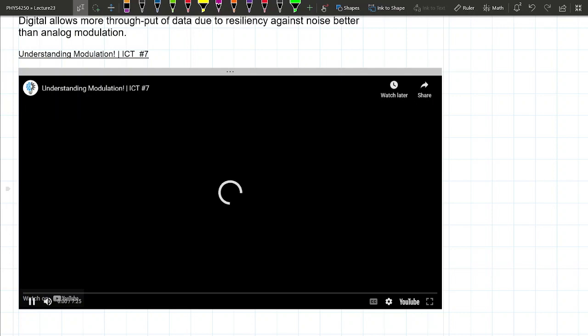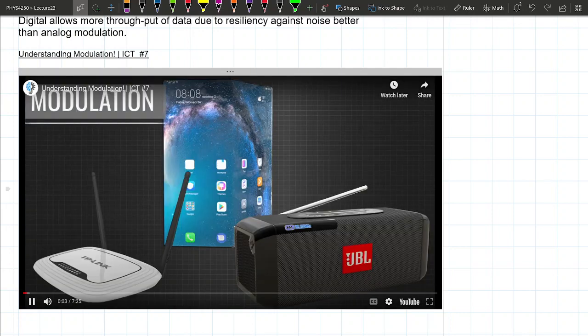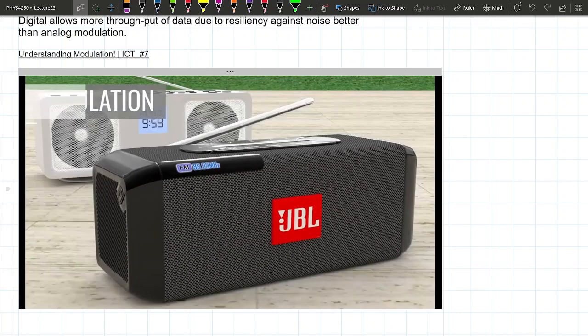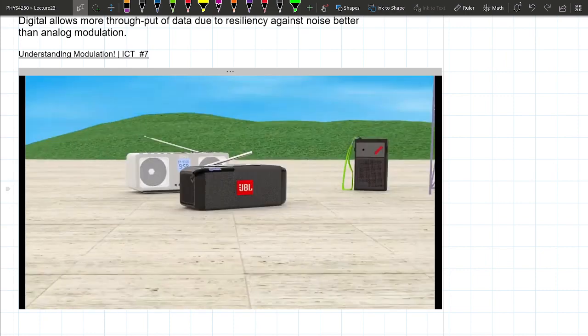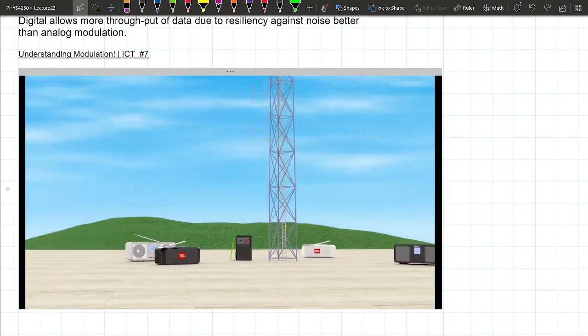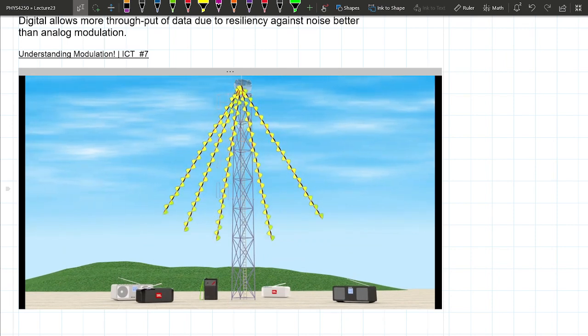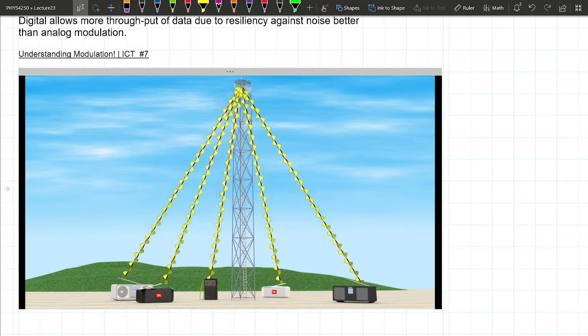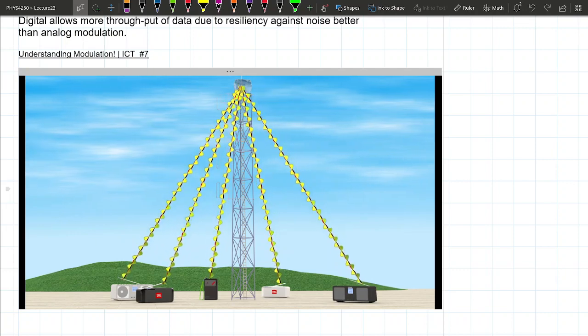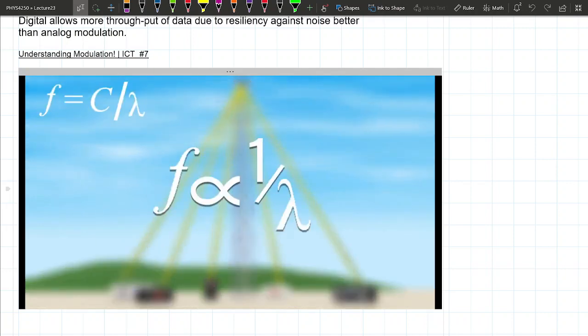Modulation is one of the most frequently used technical words in communications technology. One good example is that of your FM radio, where FM stands for frequency modulation. In this video, we are going to learn the basics of modulation techniques and see how they are applied in modern cellular and communications technology. Frequency and wavelength of a wave are inversely connected.